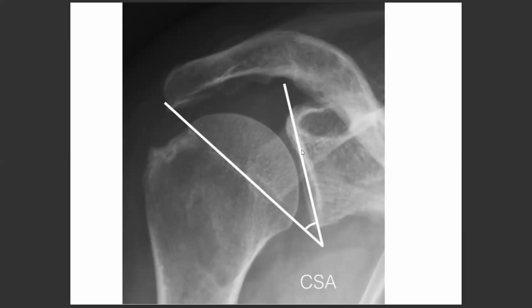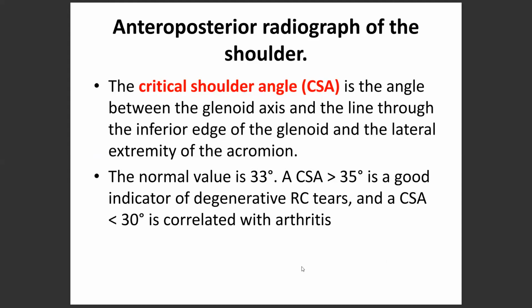This is the long axis, and this is the inferior edge of the glenoid, and a line which will connect this inferior edge with this lateral extremity, or lateral end, of the acromion. Now, the angle formed between these two lines will be known as the CSA, which is also known as the critical shoulder angle in its long form.